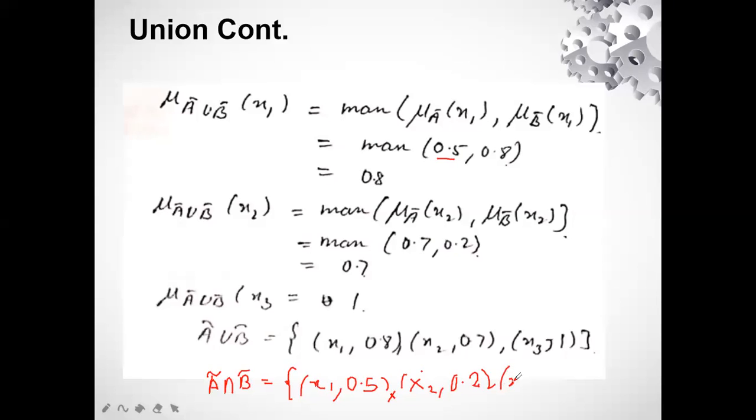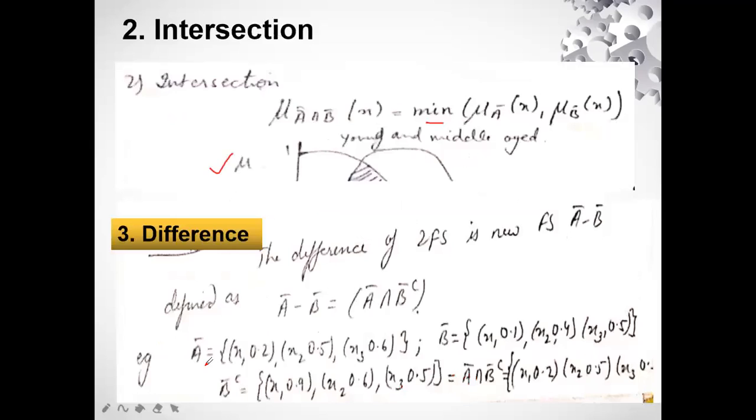What will it be for x3? It was 0 or 1. So A bar was 0 and for B bar it was 1. So the minimum of 0 and 1 is 0. So this is going to be the intersection of these two. So this is union when we find the maximum, and this is intersection when we find the minimum out of the two. So this is how we find the intersection.